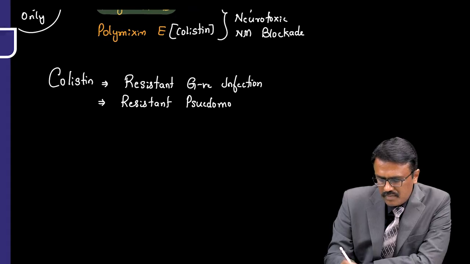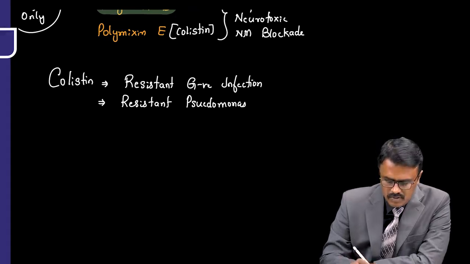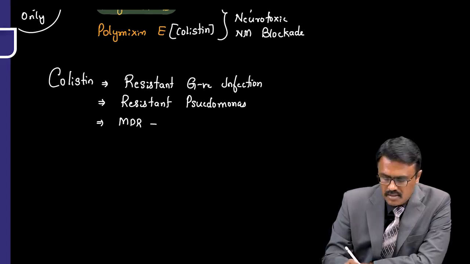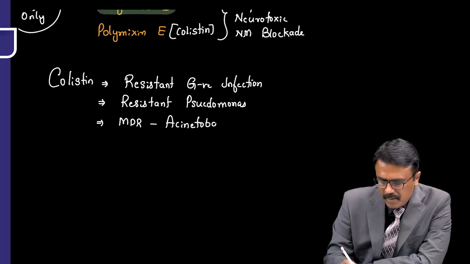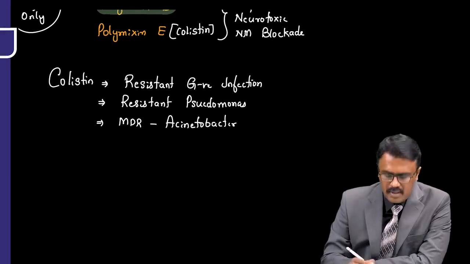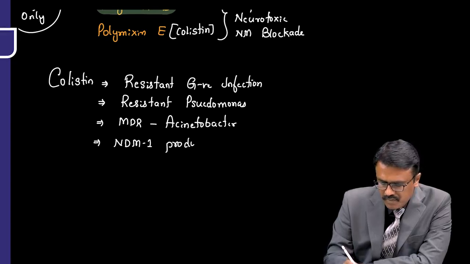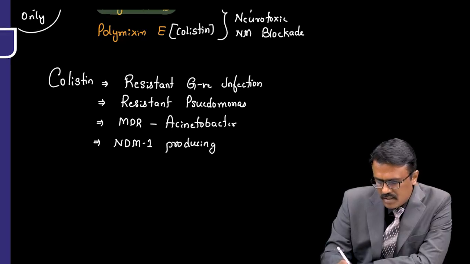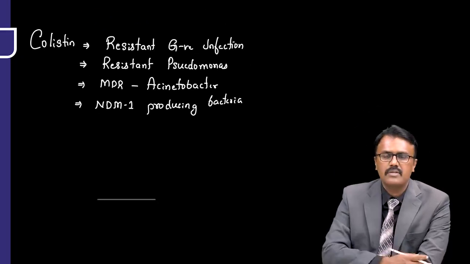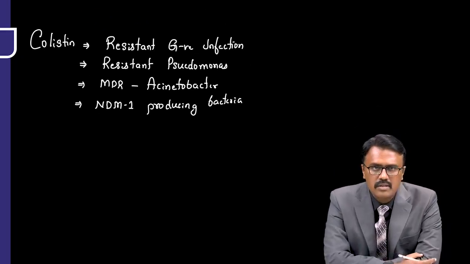It is also used in multi-drug resistant, MDR, Acinetobacter. And then it is also used in New Delhi metallo-beta-lactamase 1 producing bacteria. So it's like a reserve drug for all these infections. The name is colistin.